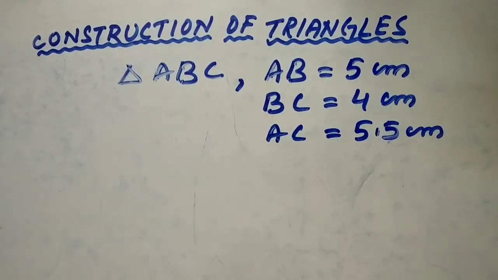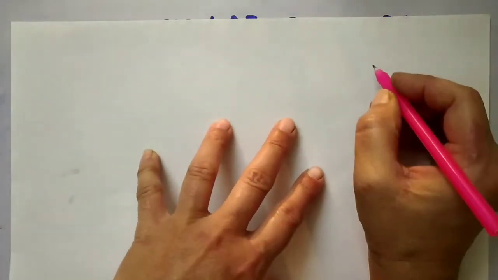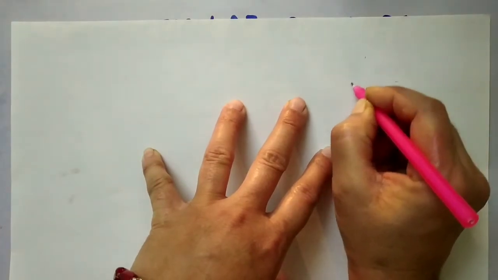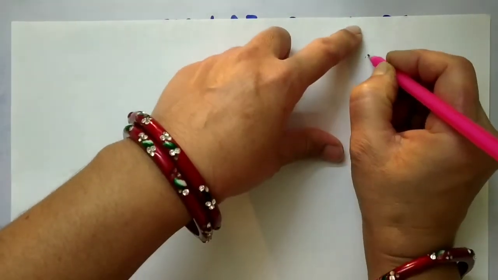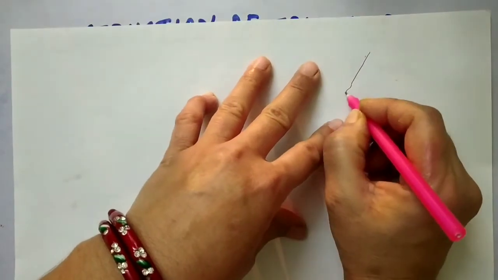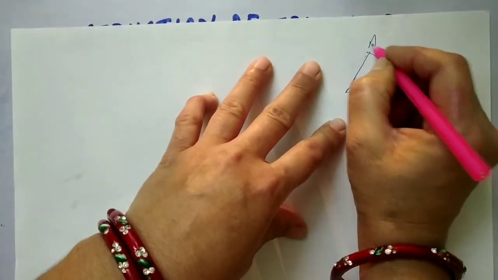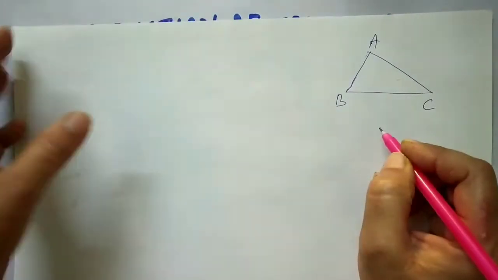So to construct a triangle, first we have to draw the rough sketch. And by looking at the rough sketch, we have to draw the original one. ABC.